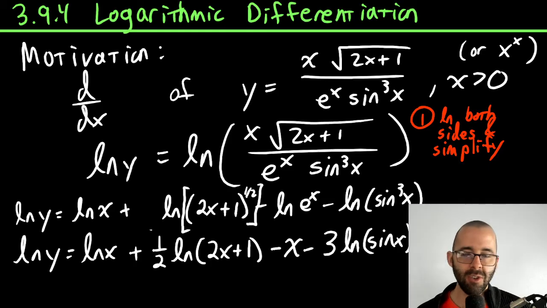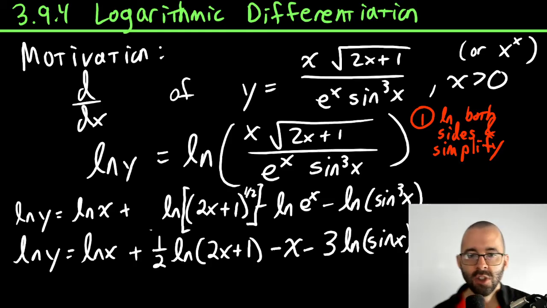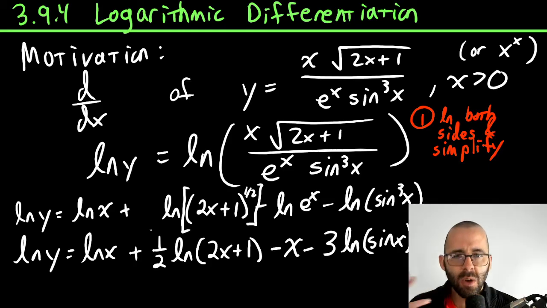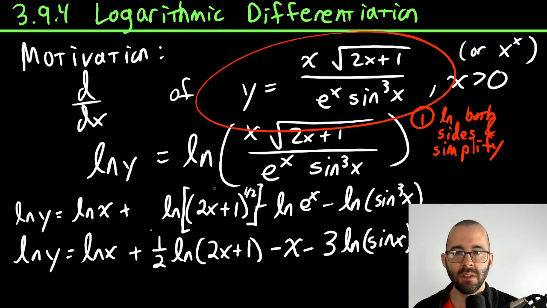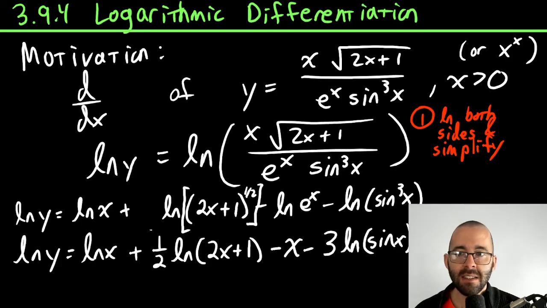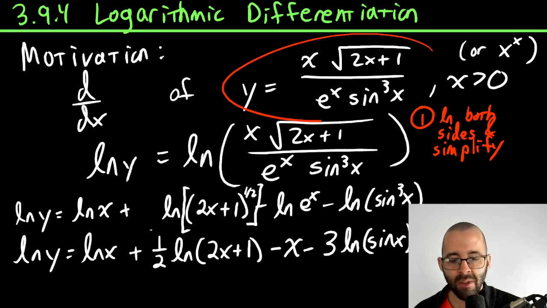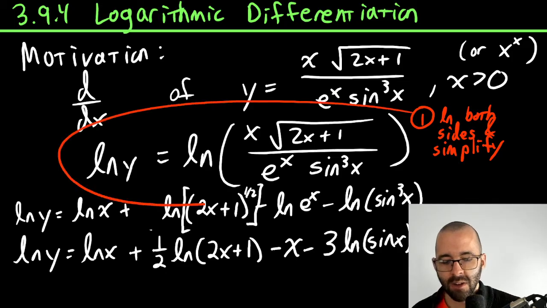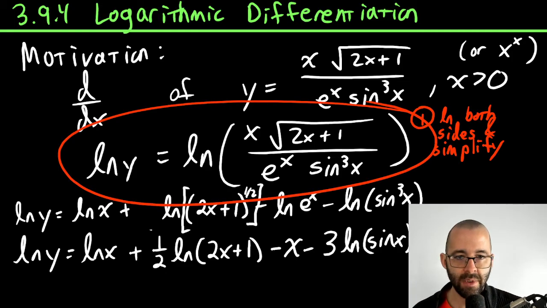So what is logarithmic differentiation? I showed you, but what actually is it? If we have a really messy function, or sometimes a function that we don't even know how to take the derivative of anyway, sometimes it's easier to, instead of taking the derivative of the function directly, take the derivative of the logarithm.